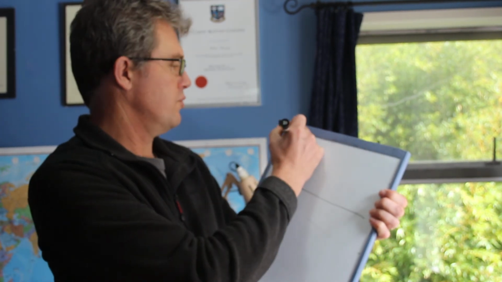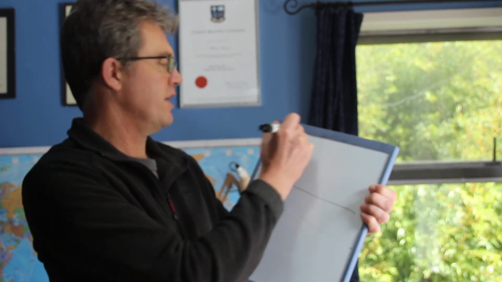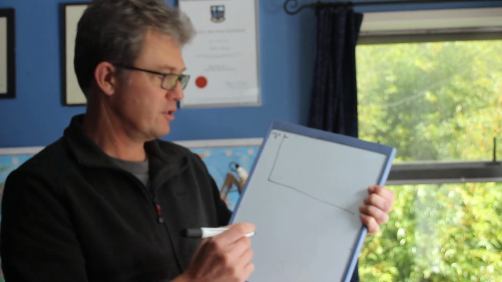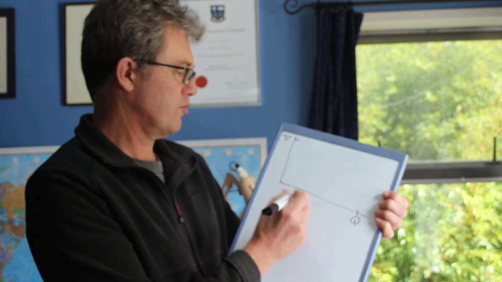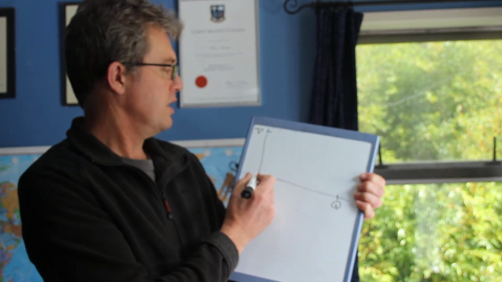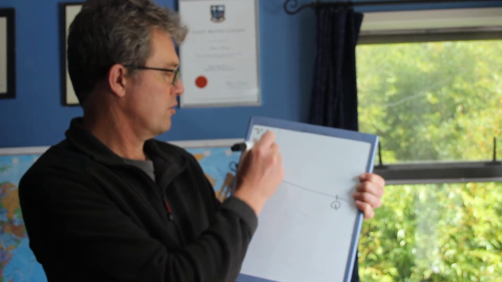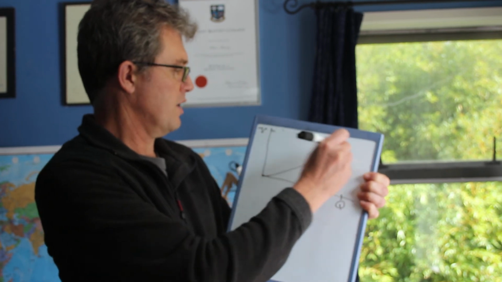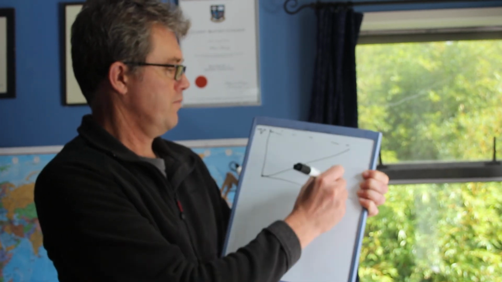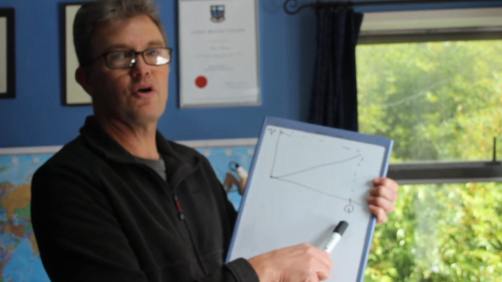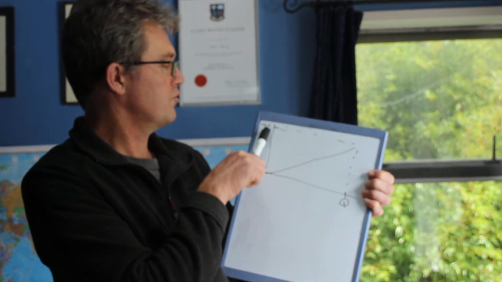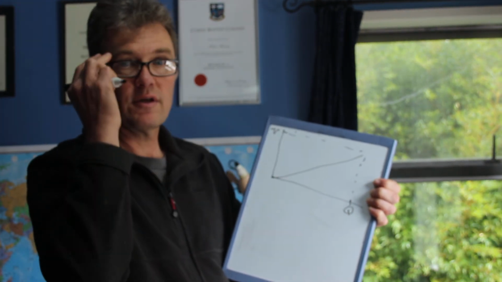You are going to have a potential V across your capacitor when it's fully charged, and it's going to have a charge Q. But of course it starts with 0 charge and 0 potential across it, and it gradually builds up. So by the time you've got Q coulombs, you've also got V volts.